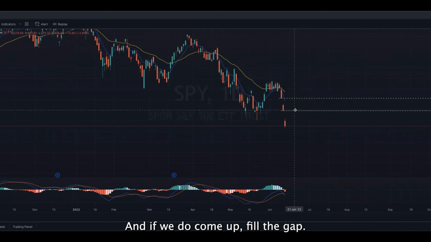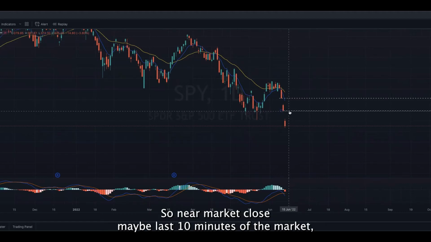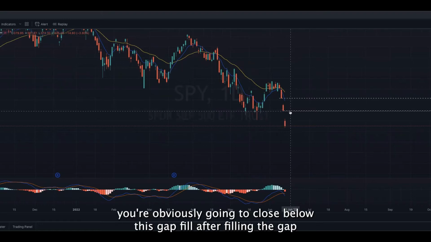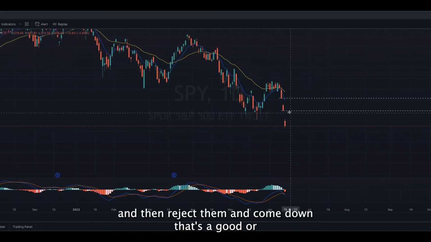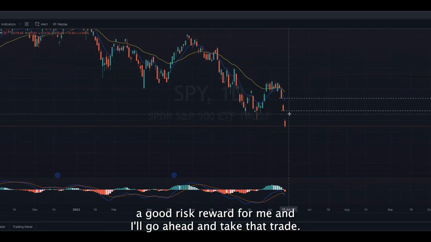And if we do come up, fill the gap, what I'll look for here is a test and then a close below the gap fill. So near market close, maybe last 10 minutes of the market, 5 minutes of the market, where it's looking like, okay, you're obviously going to close below this gap fill after filling the gap, after coming up here and testing this and then rejecting and coming down. That's a good risk reward for me.